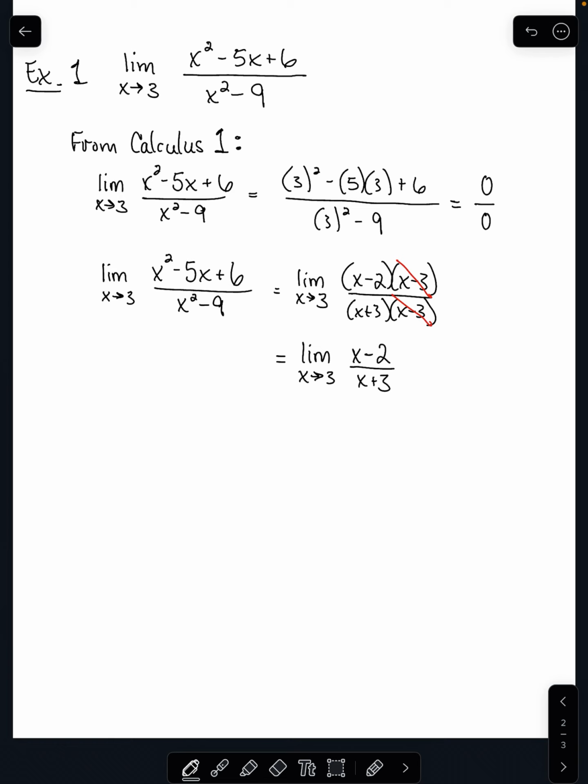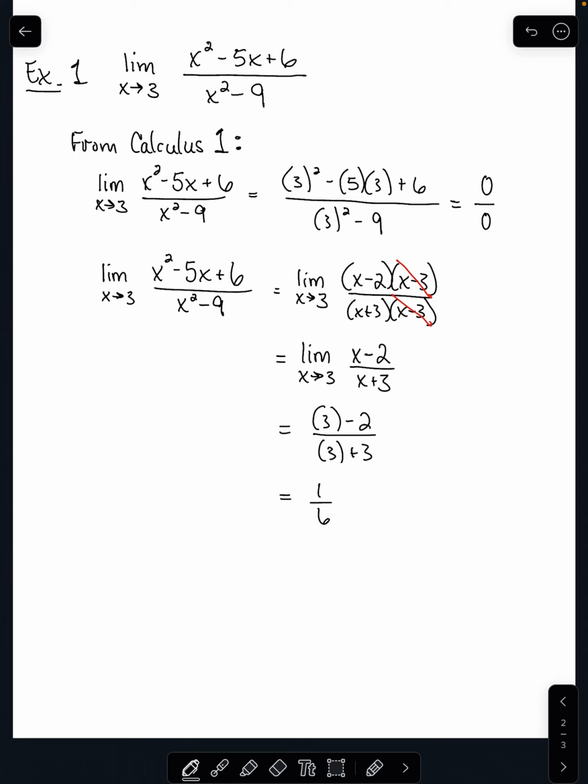However, since a limit is only concerned with the values as we approach x equals 3, the original expression and this new expression are equivalent everywhere that the limit is actually going to operate. And that allows us to get by with using direct substitution. So even though the initial form of this was 0 over 0, we can see through this algebraic manipulation that we come out with 1 over 6.